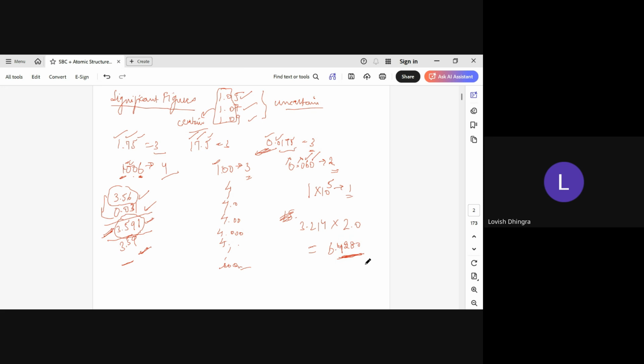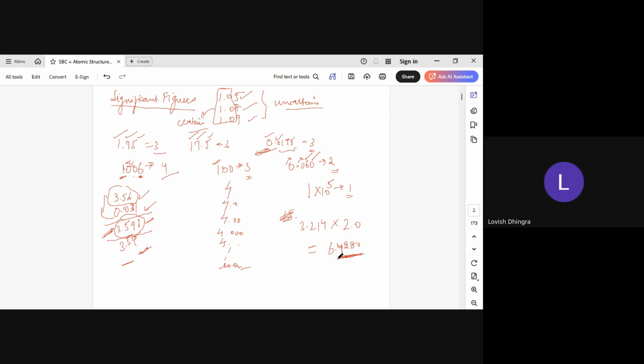When you multiply or divide, what will your final result be? Will it be 6.4? Yes, 6.4. And the reason? Because there are fewer significant figures in 2.0.